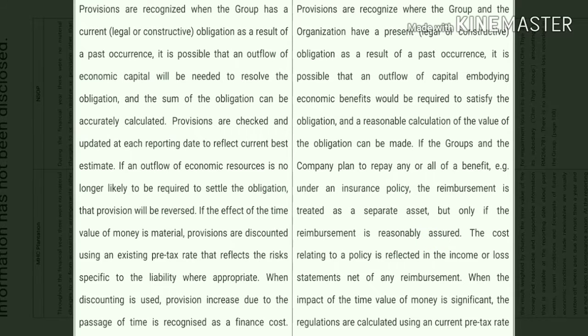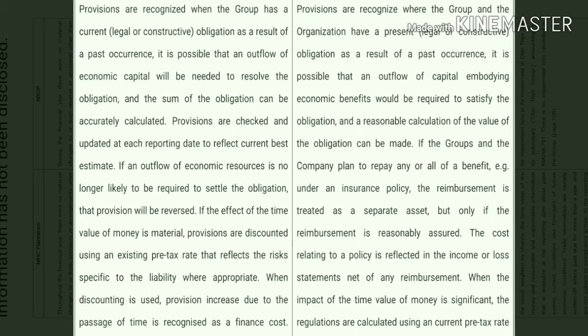Provisions are recognized when the group has a current obligation as a result of a past occurrence, where it is probable that an outflow of economic resources will be needed to settle the obligation, and the amount of the obligation can be reliably estimated. Provisions are checked and updated at each reporting date to reflect the current best estimate.